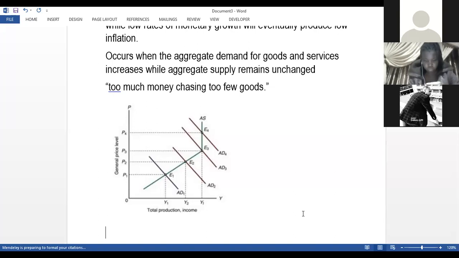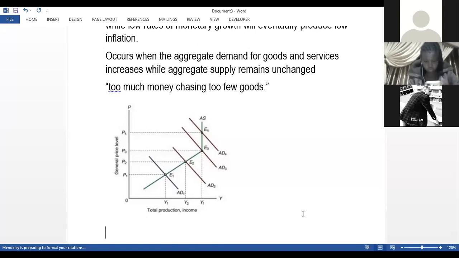Hence, you see from AD3 to AD4 there is only an increase in the general price level from P3 to P4 without a corresponding increase in the total production or the total income within that economy, because we're operating at a full employment level of income, because there's no incentive for producers to be able to produce more within that economy because they're fully utilizing the available resources.